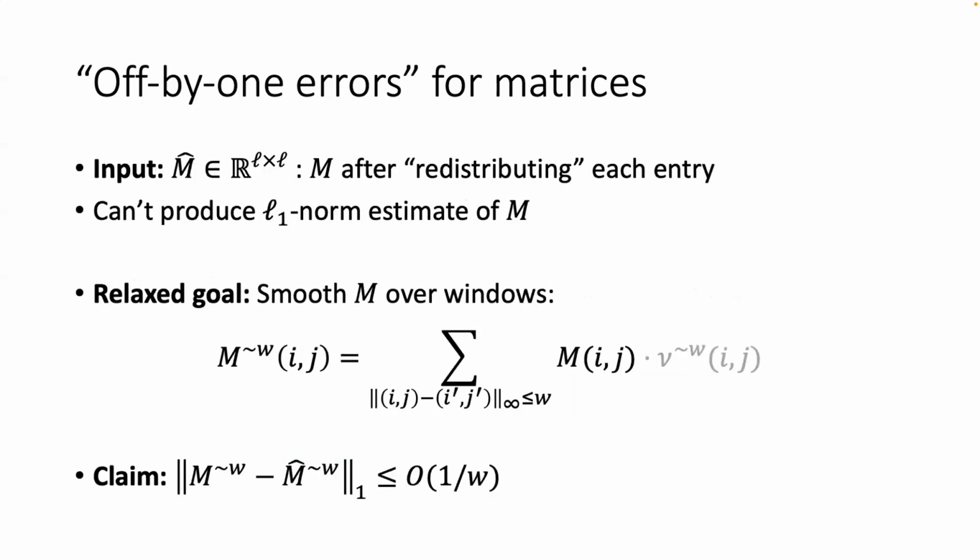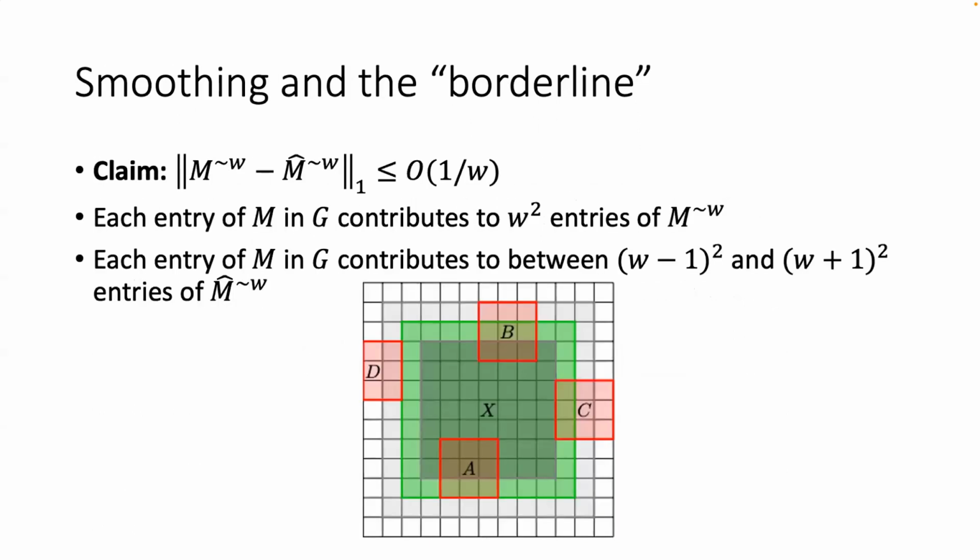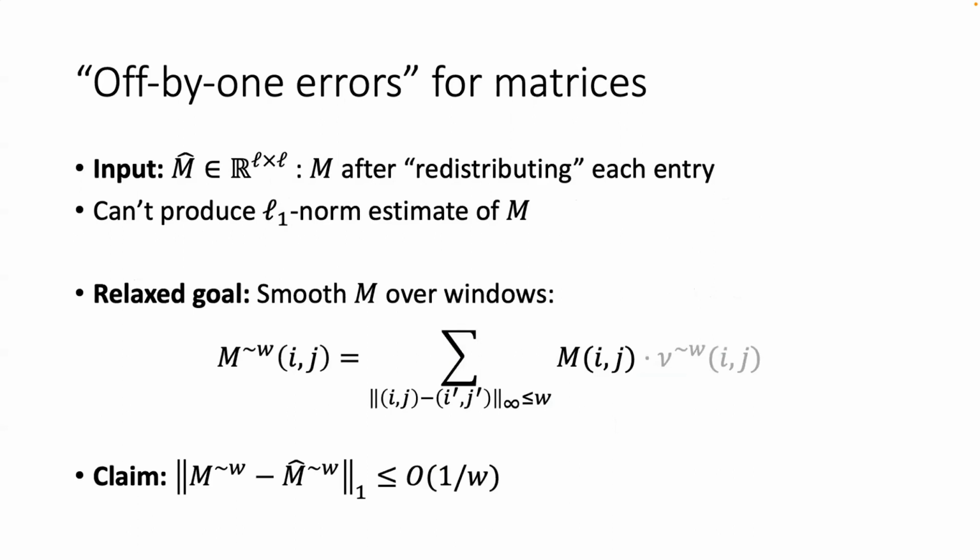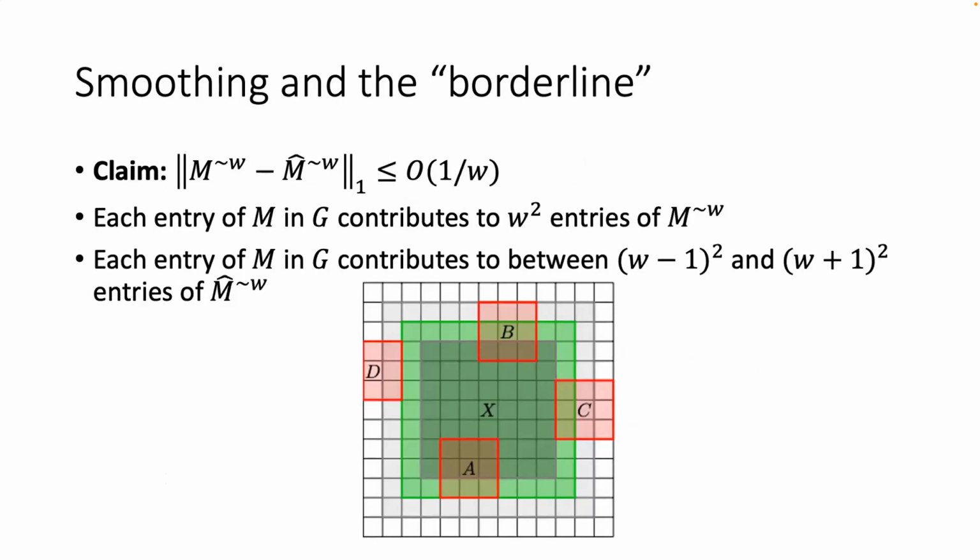So what happens in the paper is, instead of asking to estimate the specific entries of a matrix, we ask to estimate averages of entries of the matrix over windows. Pictorially, why this is convenient is, let's say you're trying to estimate the average of all the entries in this green square. Even if some entries shift by 1, entries which are close enough will always contribute.